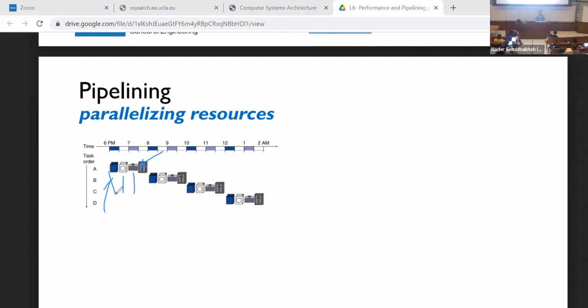And once I'm done with this load, I'm going to start over: washer, dryer, folding, closet, right? And I'm going to keep repeating this until I'm done with my laundry. If I start at 6 p.m., assuming it takes 30 minutes each, we're going to finish at 2 a.m. in the morning to do all these things, okay? So that's one way of doing this. Of course, not the most efficient way.